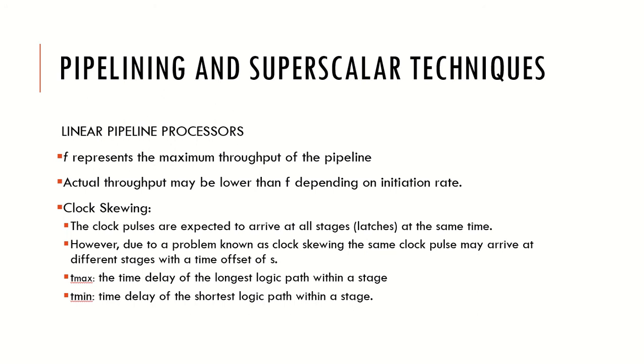So, there is something called clock skewing. Clock skewing is that actually we expect all the clock pulses to arrive at all stages at the same time. That is what we have discussed in the case of synchronous model, right? So you have a latch, and the latch is going to initiate the transmission upon the rise of each clock pulse. But when you take it into reality, it is not the same as expected.